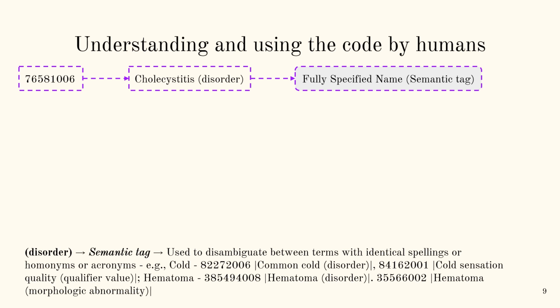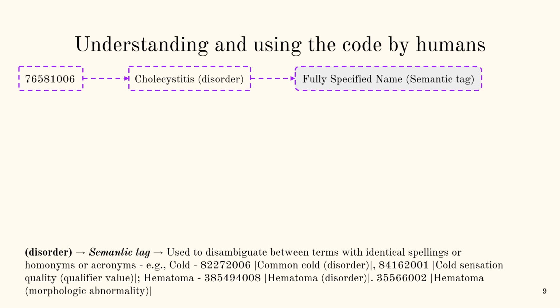This is even more complicated, because at least in cold, common cold and cold sensation, you can say that the phrases are a little different, so we can try and search for them. But what about hematoma? Exactly the same spelling, but two completely different meanings. One is a disease, another is a cellular level change. So whenever designing systems using SNOMED, it has to be very carefully done.